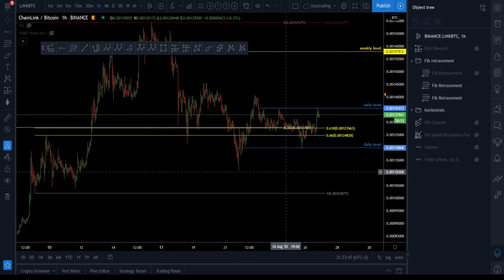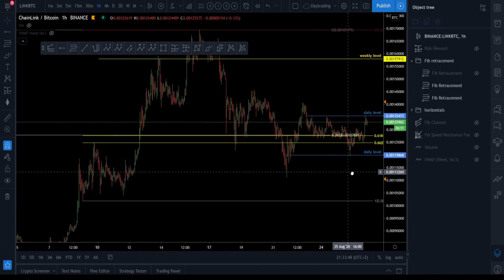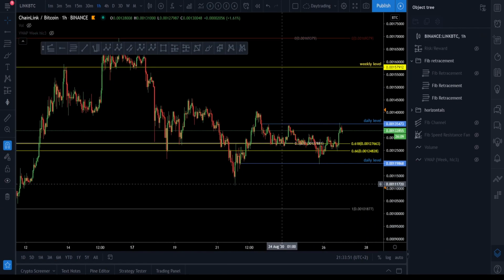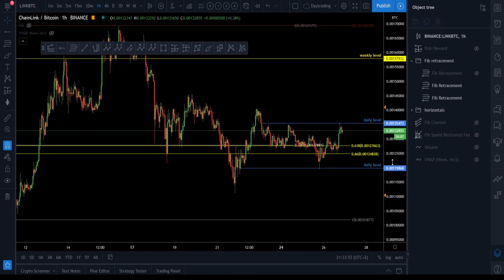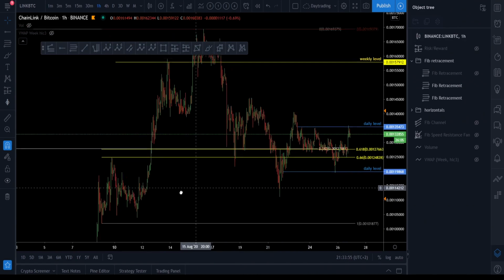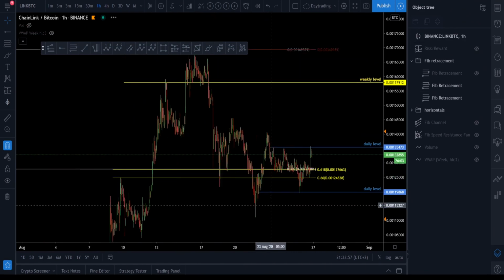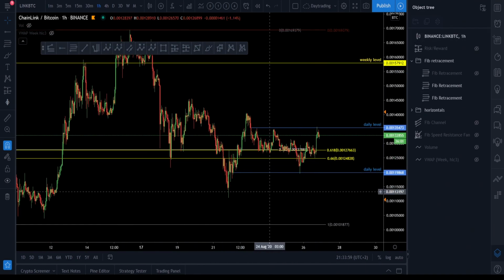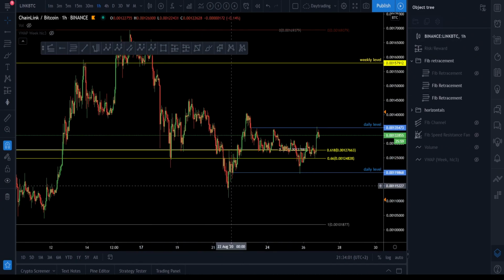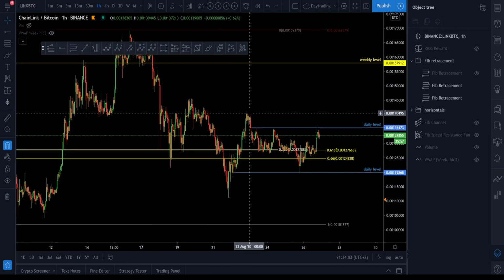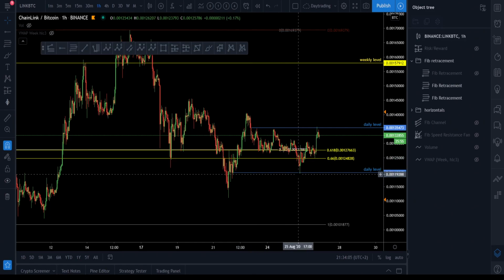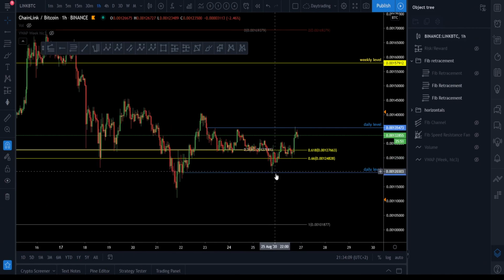So I feel that if you're not in a trade, we are very close to actually taking a potential trade. So let's analyze that a little bit further, right? Coming down from here through the 618, having our rise back up and bouncing off of the weekly once again, right?